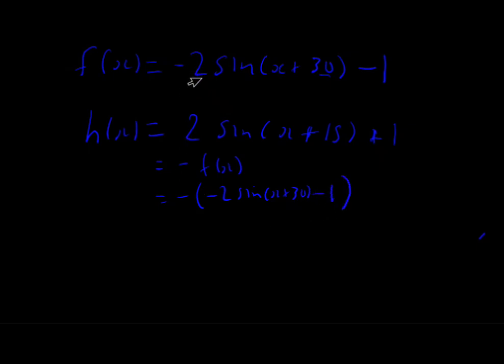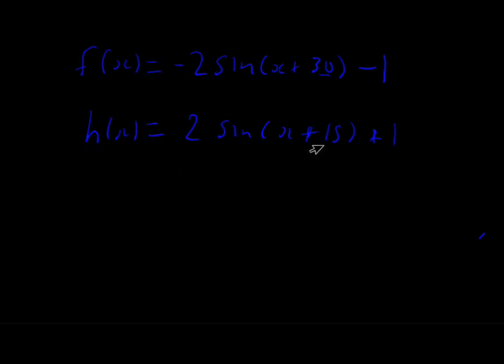I just put this in place of f of x. If I distribute, I'm going to have 2 sine x plus 30 plus 1. So if you see that the signs have changed, then you know it was reflected in the x-axis.